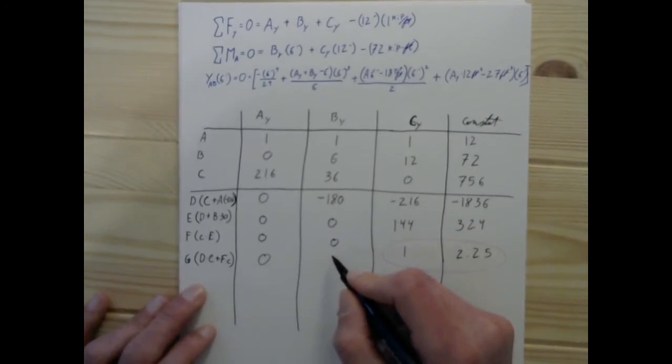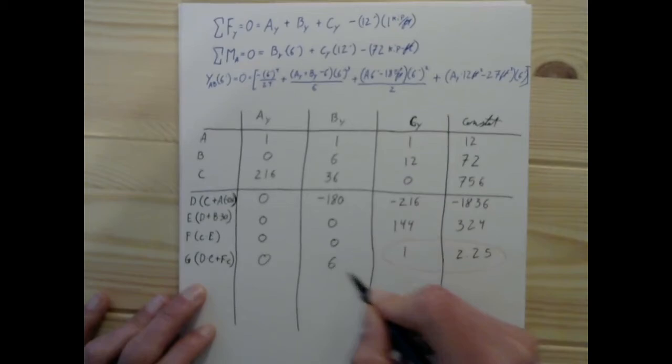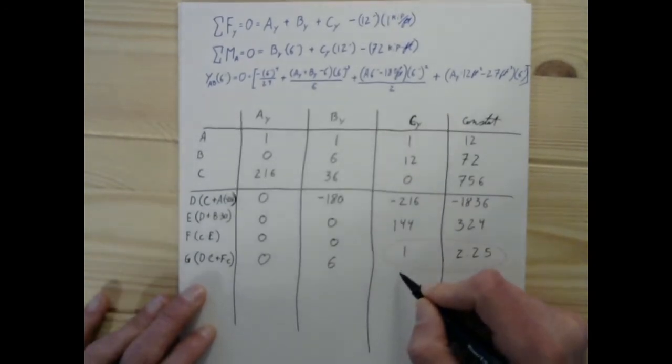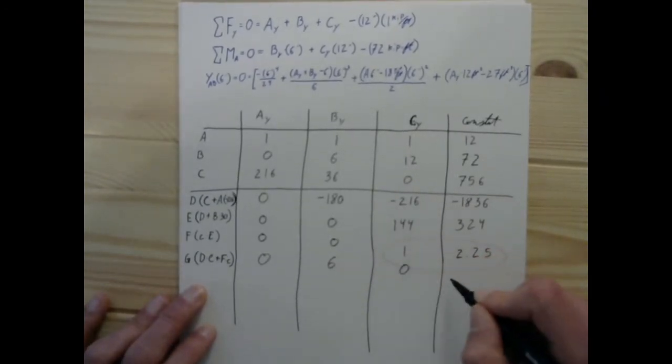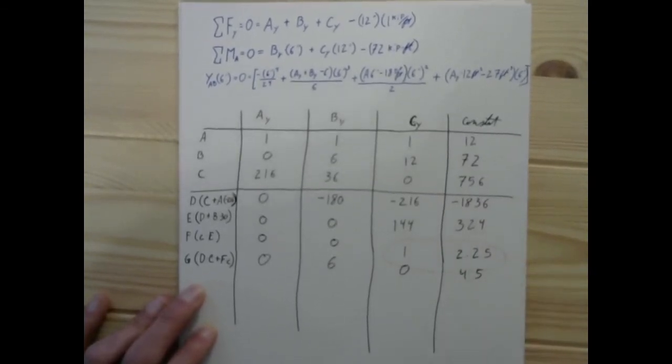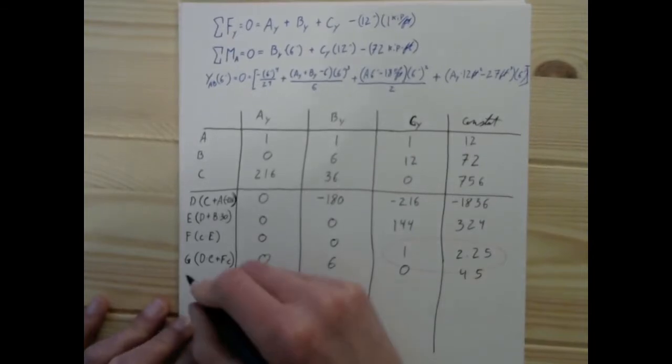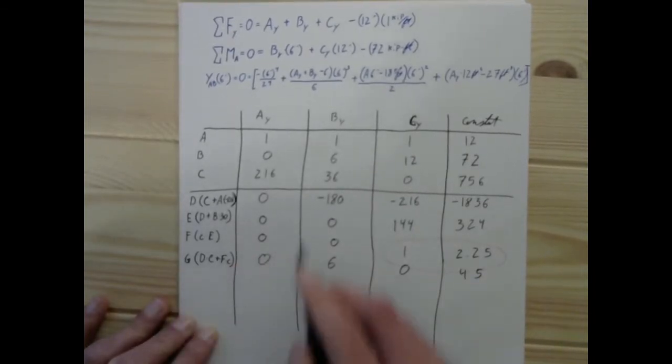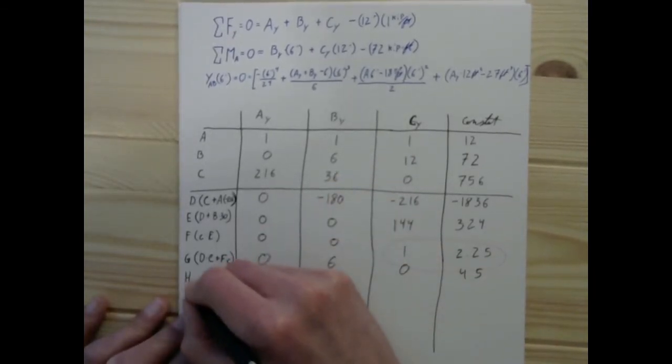We can make this be 6. This becomes 0, and this becomes 45. Then just divide this by 6, and we're going to end up with BY all on its own.